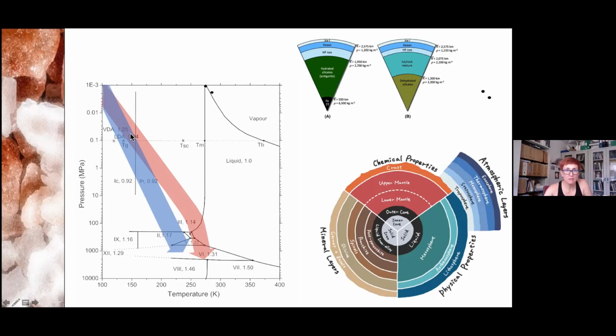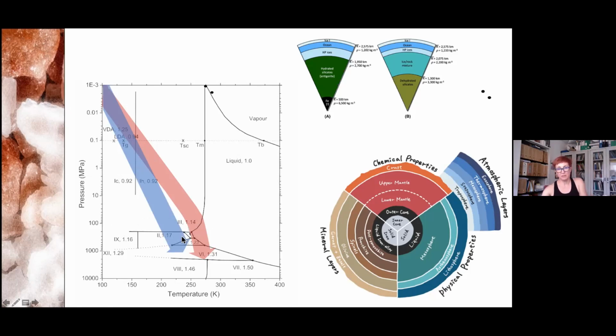So if you have this kind of gradient in Ganymede, for the pressures that you have in Ganymede, you can have a liquid ocean at pressures between 100 megapascals to 1000 megapascals. But if you have this cold gradient, you never will have an ocean in Ganymede.